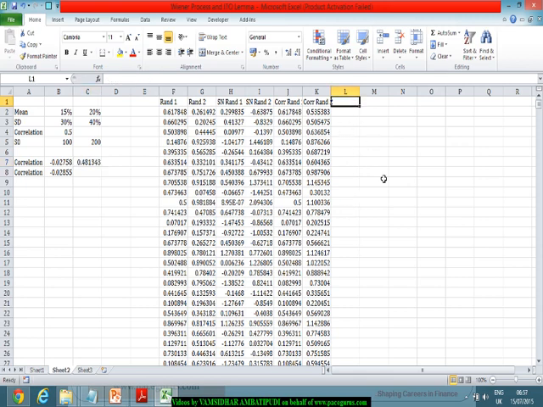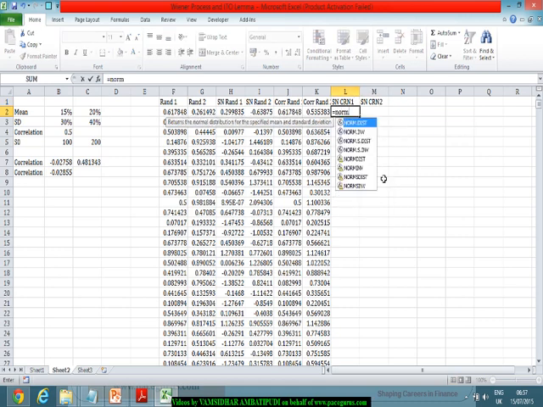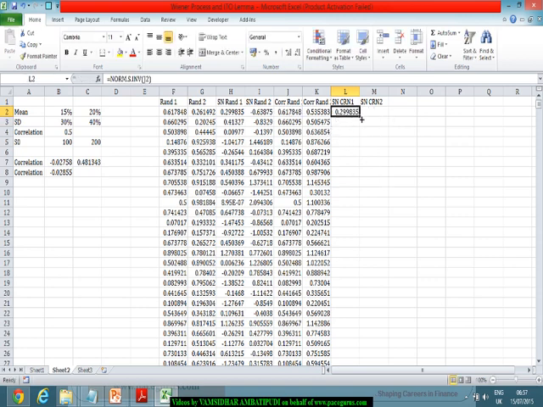And now I do the standard normal correlated random number 1 and standard normal correlated random number 2, using the norms inverse of these two.